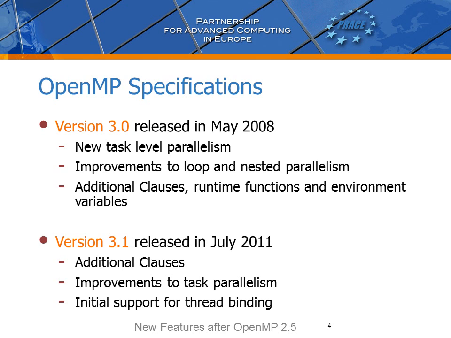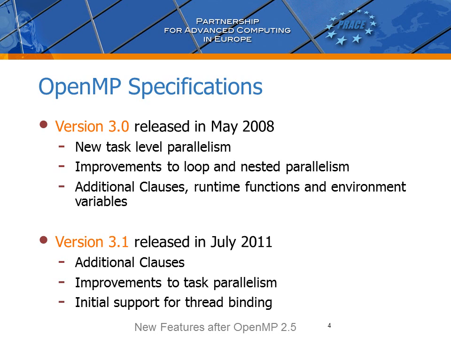The collapse clause is added to the loop and parallel loop directives to allow parallelization of perfect loop nests. The auto clause is added to provide full freedom to the runtime to determine the scheduling of iterations in a loop. Moreover, there are several new clauses, runtime functions, and environment variables.